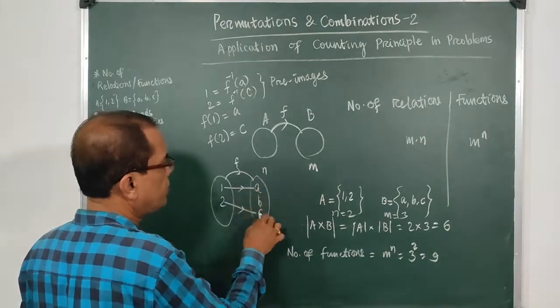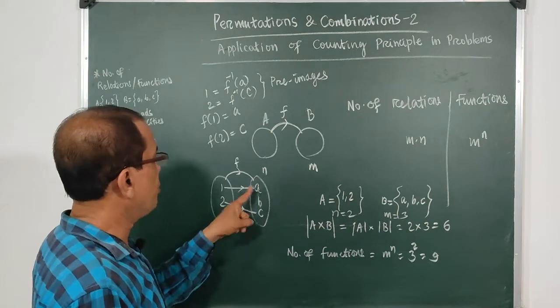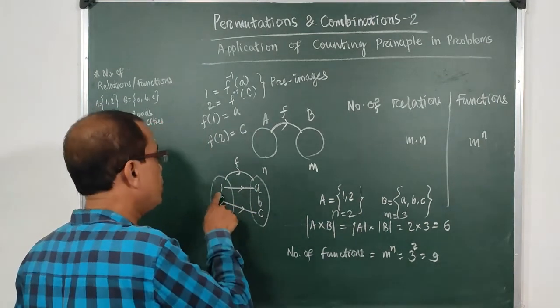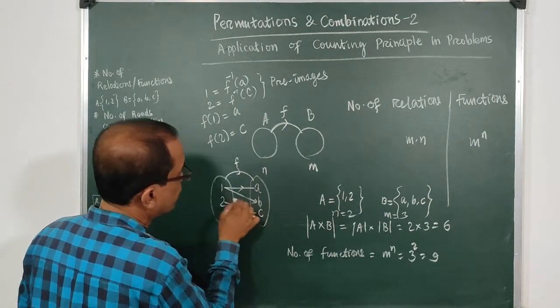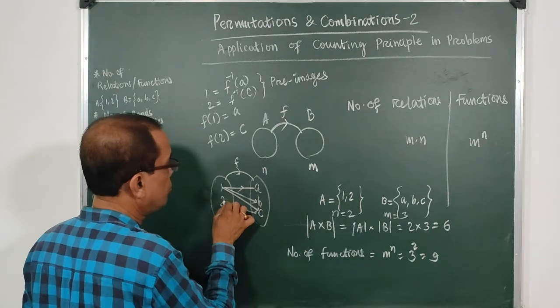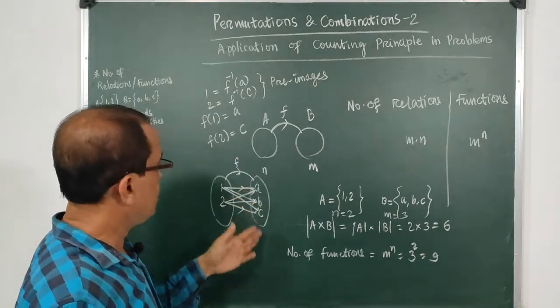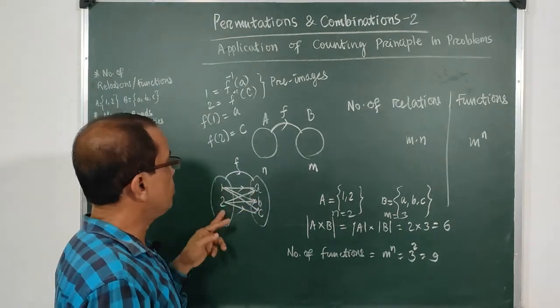When there are three elements here, every element can have two pre-images, and when you have two objects here, everyone can have 3. One can be connected to A, B and C, while 2 can be connected to A, B and C. So all three here, each one has 2 images.